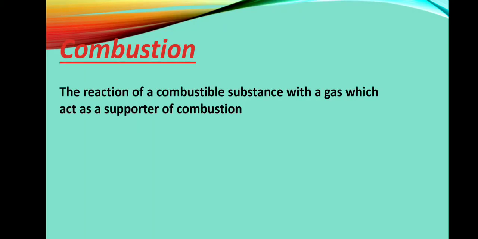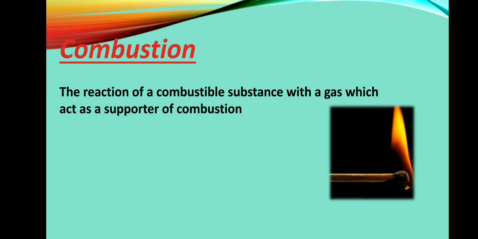One by one, we will see. First of all, let's see what combustion is. Combustion means the reaction of a combustible substance with a gas. What do you mean by a combustible substance? I will explain later. Here, an object is reacting with a gas, and the gas here is oxygen.